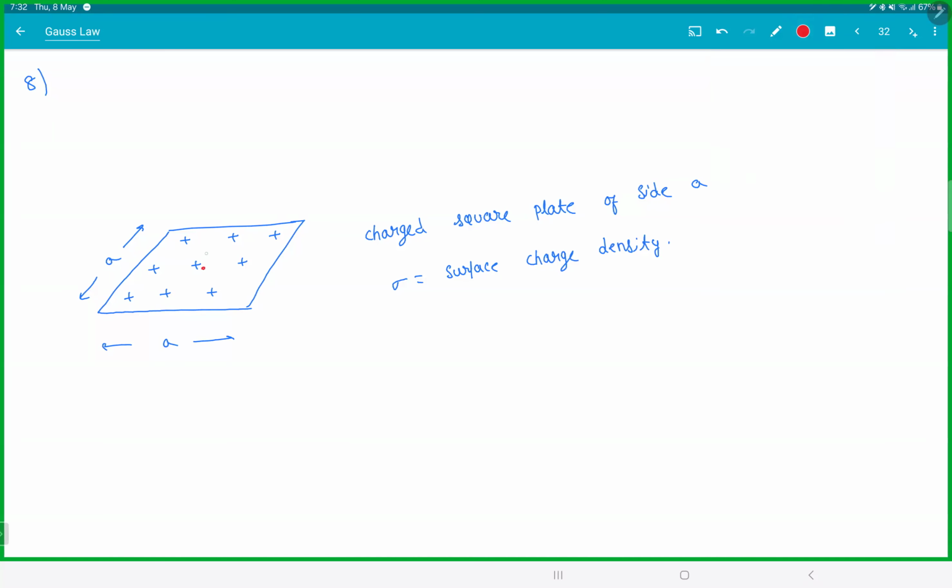Now from the center, you kept a plus Q charge at a height A by 2. Now, because both are positive, they will repel each other. Find the force between them. So this square plate, which is positive charge, and the point charge, which is also positive, both will repel each other. So there is a force between them. And how much is that?